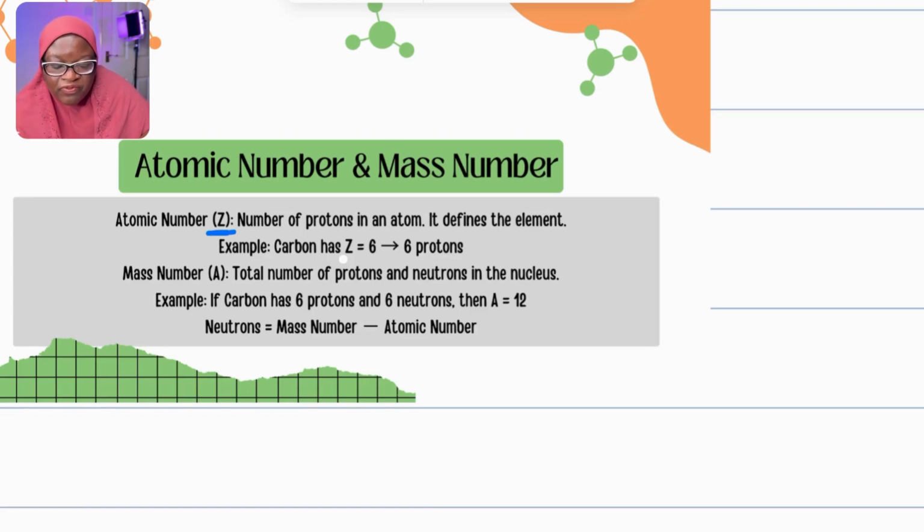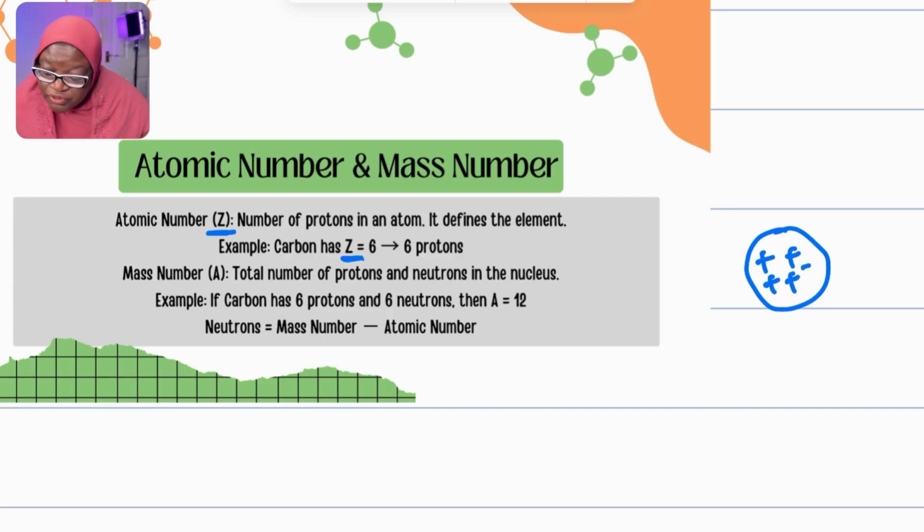So let's take carbon for example. Atomic number is usually represented by Z. Carbon has 6 protons. So in the nucleus of carbon, we're going to have 6 protons: 1, 2, 3, 4, 5, 6.